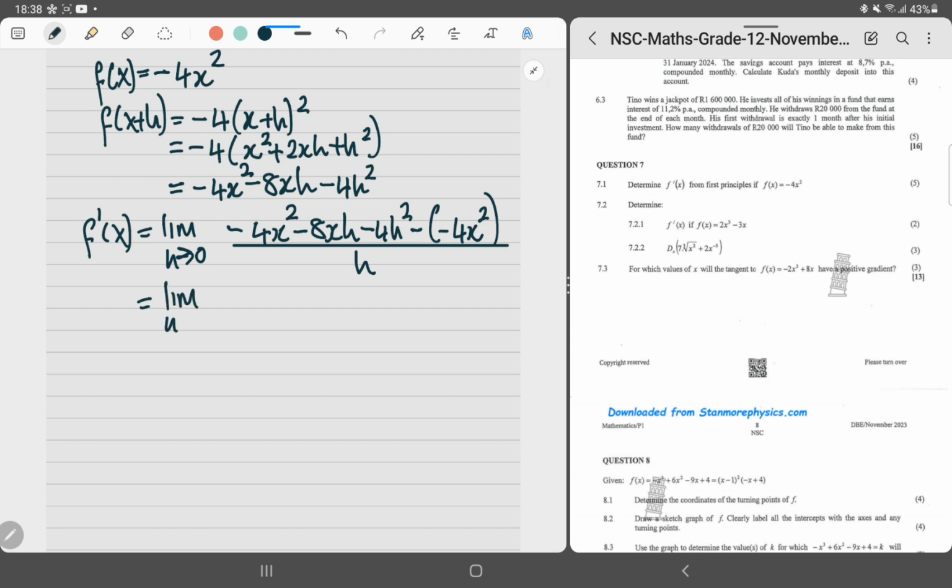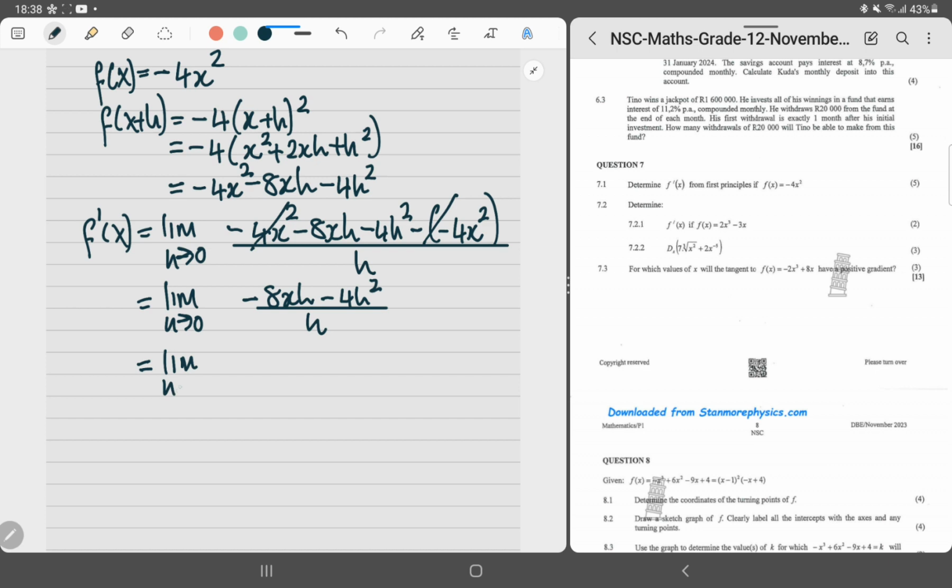Limit as h approaches 0, so that this is going to be positive. Negative and negative will give a positive, so the 4x squared will cancel that 4x squared. You'll be left with negative 8xh minus 4h squared all over h.